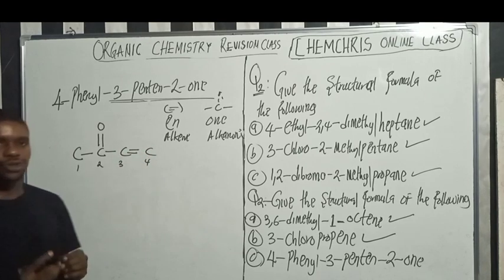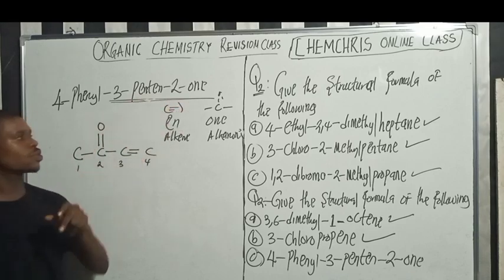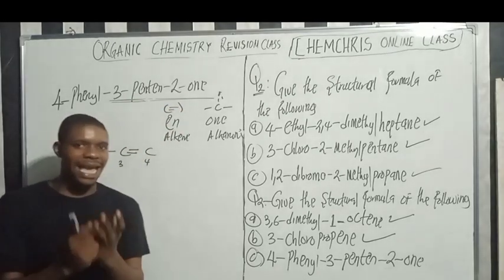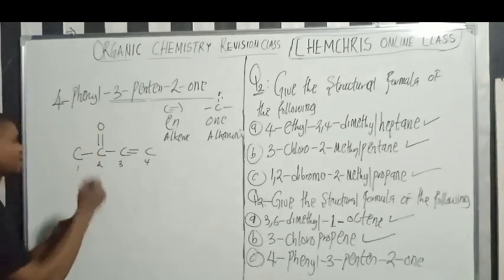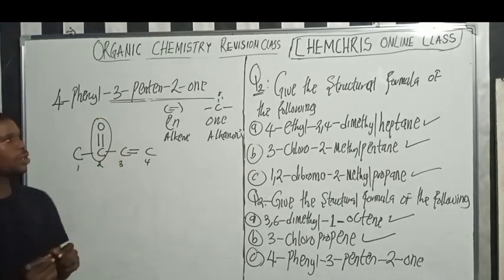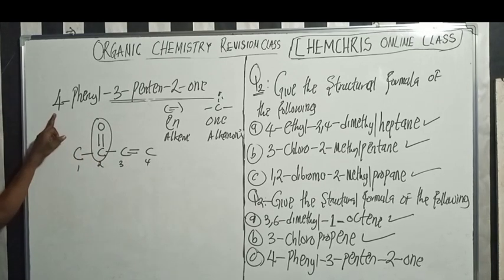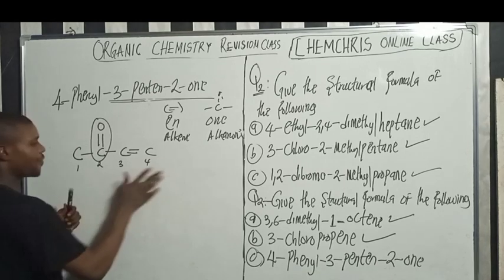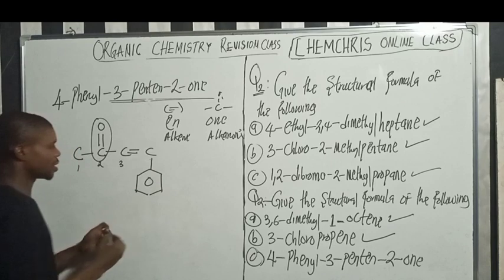That is it. So it is saying that when we talk about 3-penten-2-one, "en" is a double bond. "One" is this one here. You understand? So this one is at carbon number 2, "en" is at carbon number 3. Carbon number 4 has a phenyl group. A phenyl is this, a benzene that is a substituent.